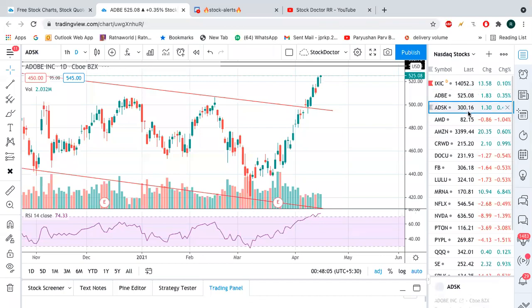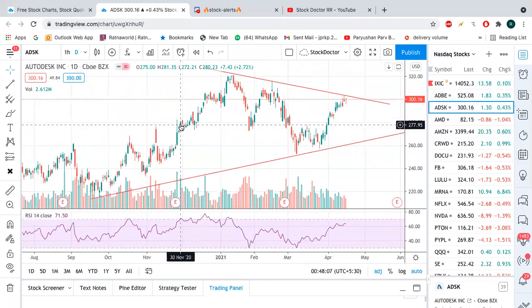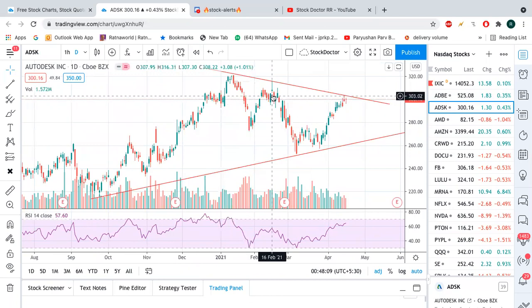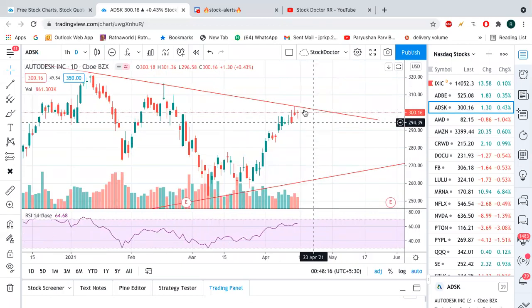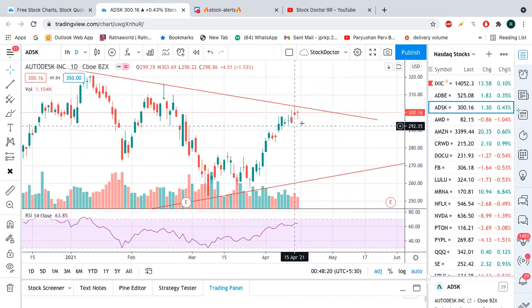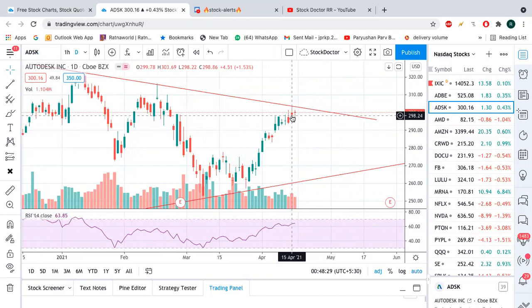The next stock is Autodesk. Autodesk is clearly trading in this channel. Currently, it is at the channel resistance, and it has created three red candles. One is an inverted hammer on Thursday, and on Friday it created a doji pattern.